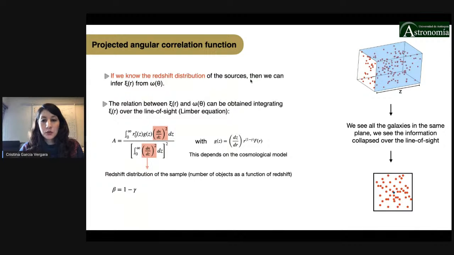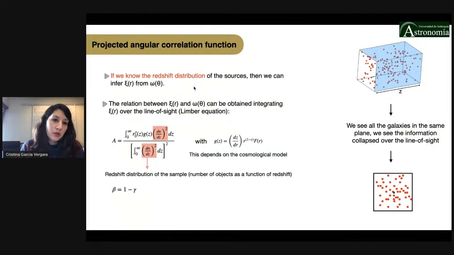If you don't have redshift information of the sample, you don't really know if the redshift distribution is peaking at redshift 2, redshift 1, or if it has a Gaussian shape, or if it is flat. You normally don't have that information, and you have to use other sources of information, for example, simulations or something like that.